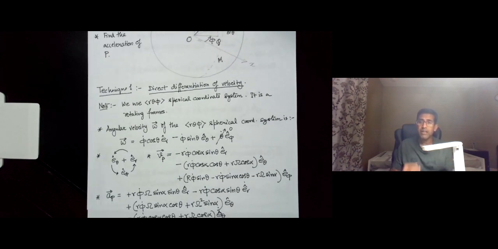So when doing direct differentiation, remember to first do the general differentiation and then substitute the specific condition. Don't substitute the specific condition first and then carry out the derivative, because that way you are not capturing the variation of the different variables.